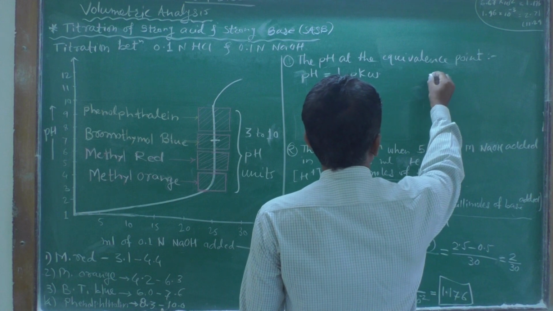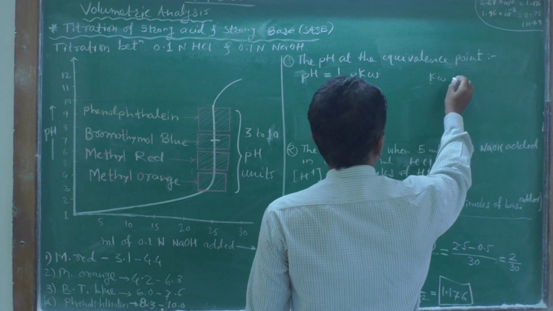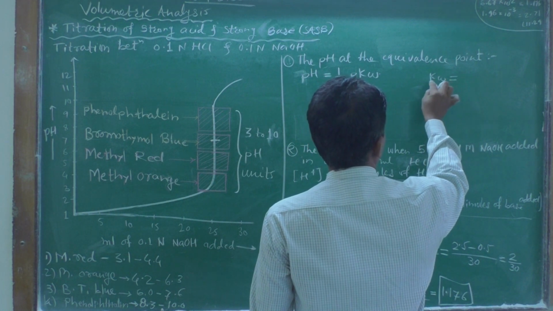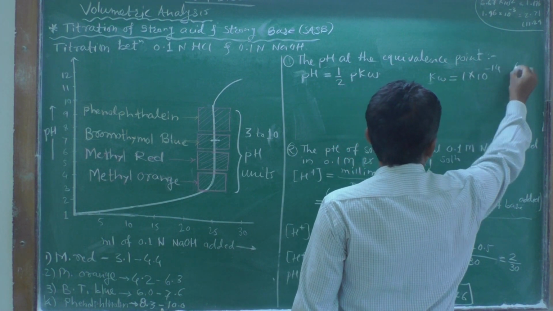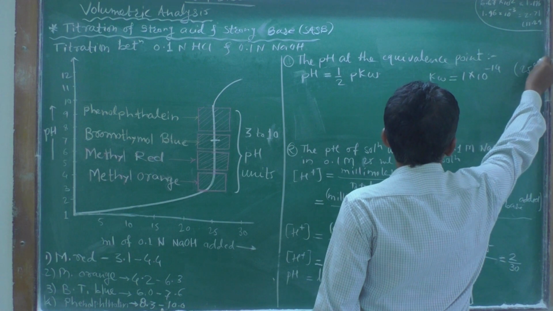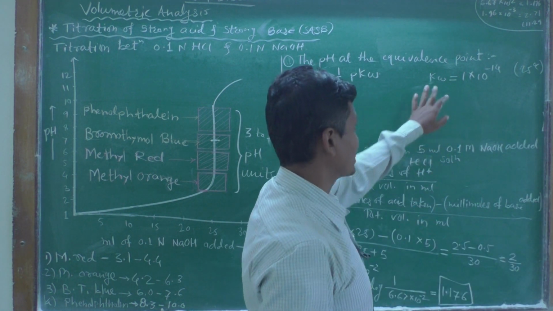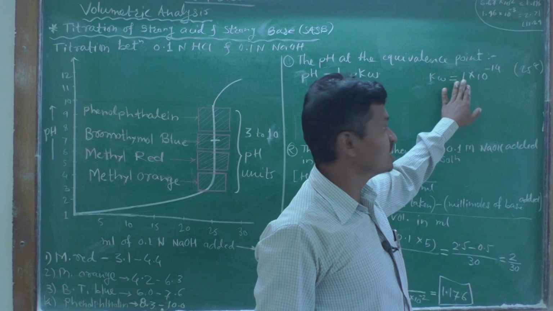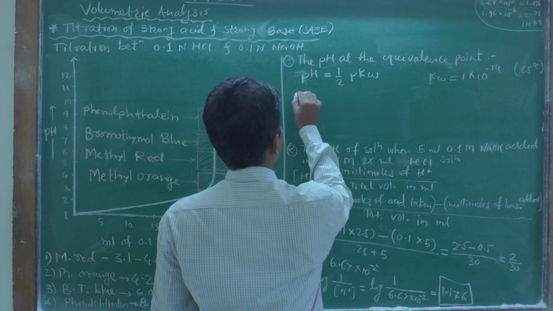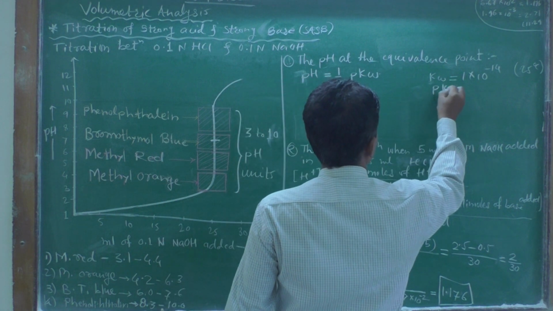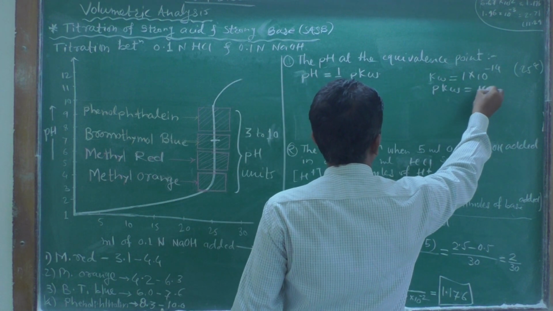The Kw is the ionic product of water. It is 1 into 10 raised to minus 14 at 25 degrees Celsius, that is at room temperature. So pKw is 14.